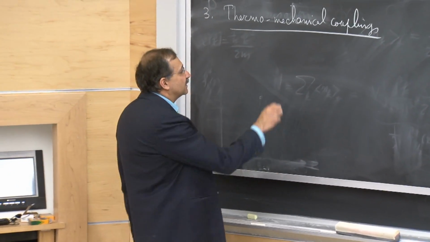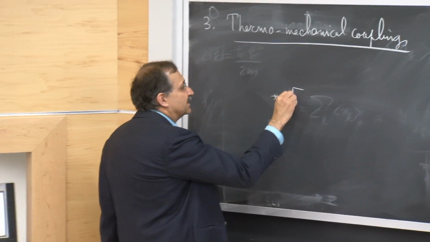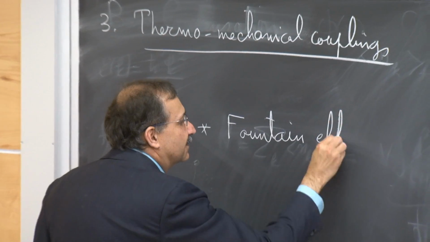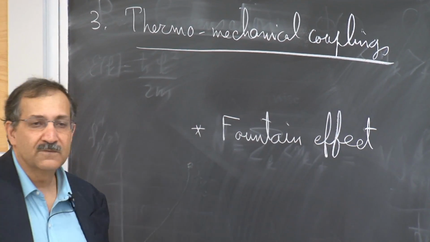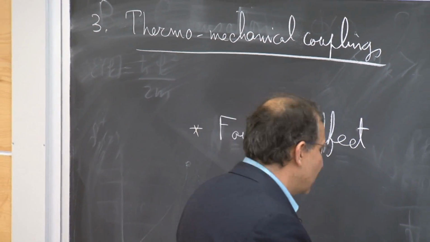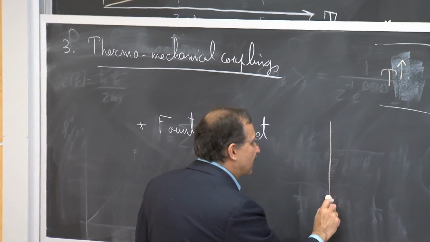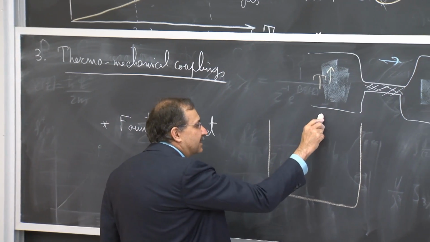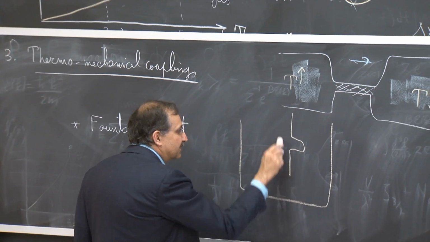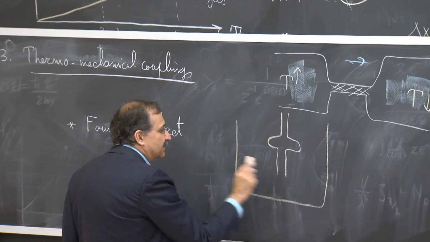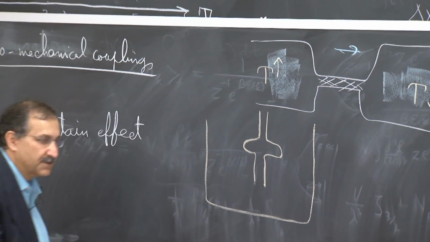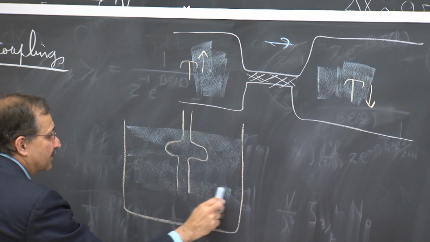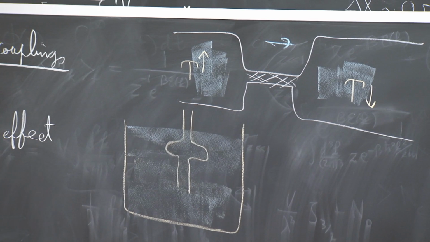A dramatic one that, again, maybe we'll show in the movie next time is the fountain effect. What you do is let's imagine that, again, you have a bath of helium, and inside of it you put a tube that is, let's say, shaped like this, and you have the fluid that is occupying everything here.